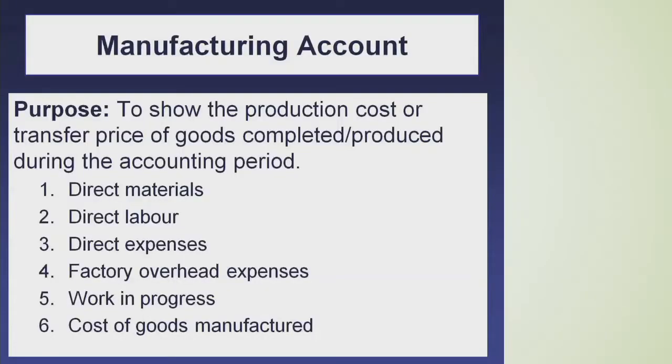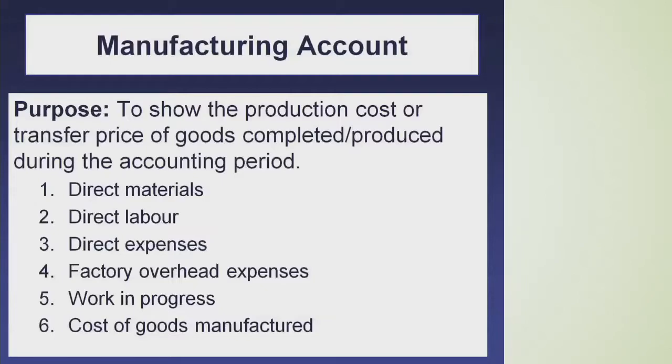I need this rubber here. I need this plastic. Yeah, these are the direct materials, because these materials are directly involved. When you see anything direct, it means something which is directly related to what is being produced. Okay, direct labor. These are workers that will be directly involved in the production of this marker.